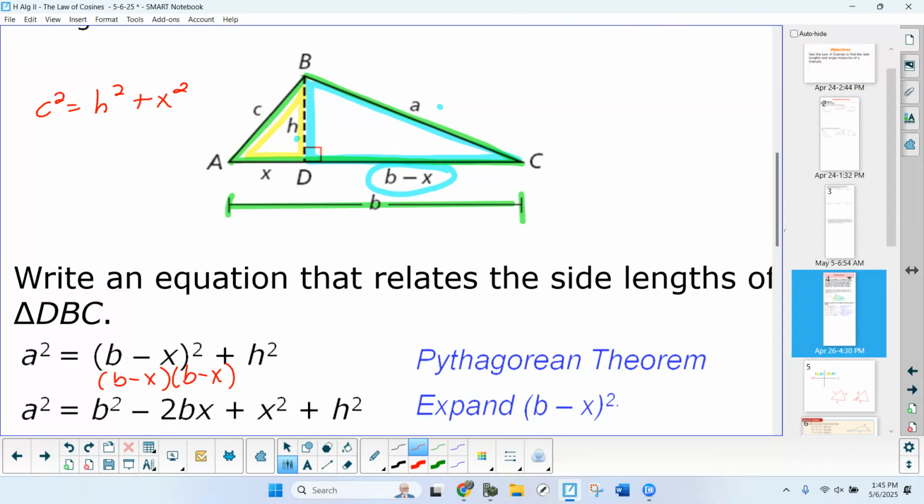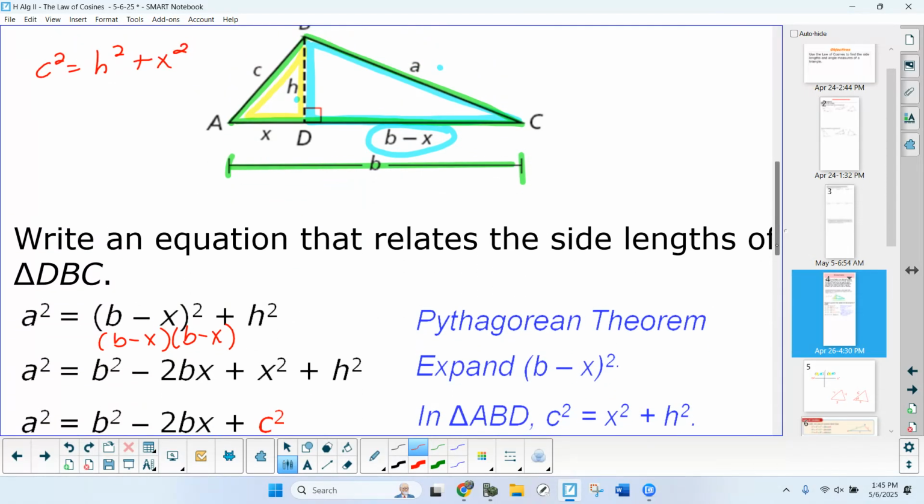So they just plugged in, wait a minute, hang on, did they do this backwards? They expanded first, and then c squared is equal to x squared plus h squared. So in place of x squared plus h squared, they put in c squared. You with me?